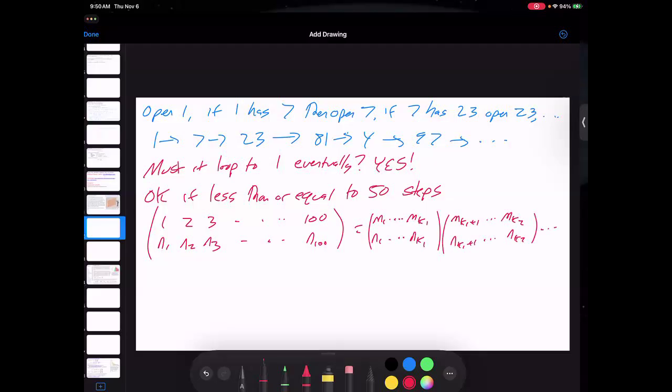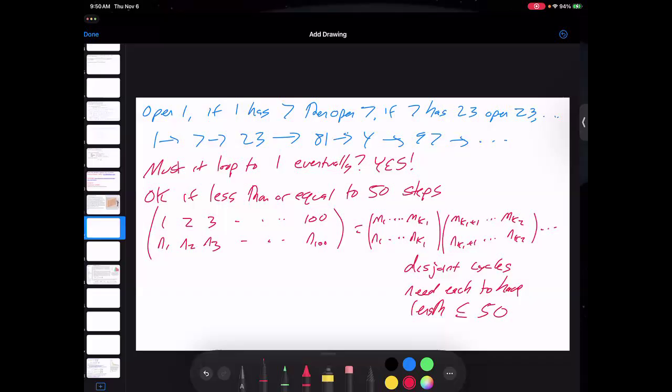We have a bunch of disjoint cycles, and we need each to have length less than or equal to 50. If each cycle has length at most 50, then everybody will get there. So the only danger is if we have one really long cycle.